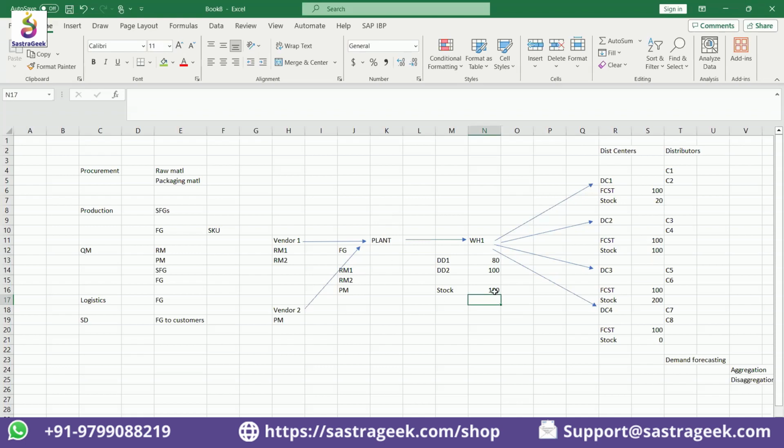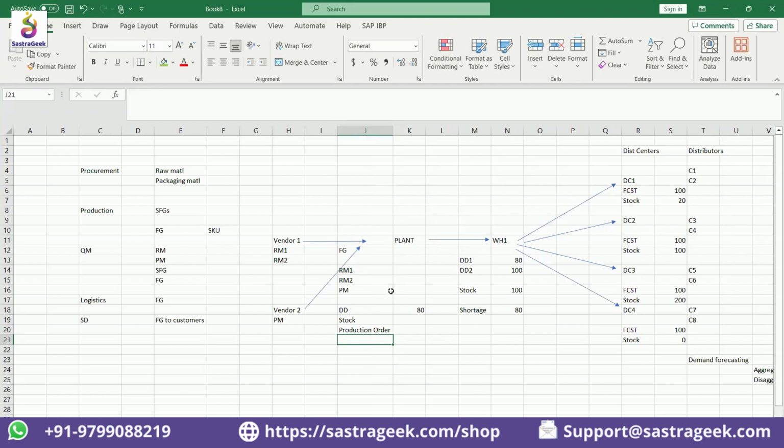So this shortage of 80 pieces will go back to my manufacturing plant as dependent demand, and the algorithm would again look for any stock available or any existing production order which is already running on my shop floor.